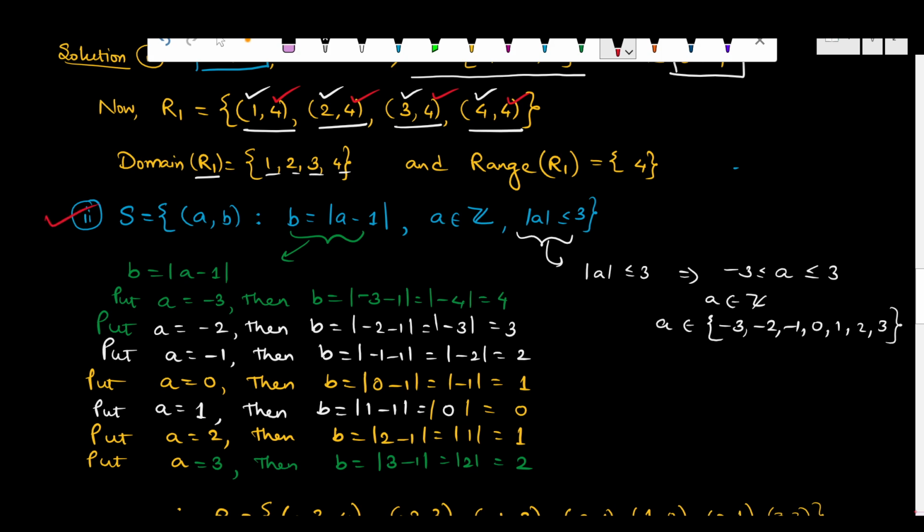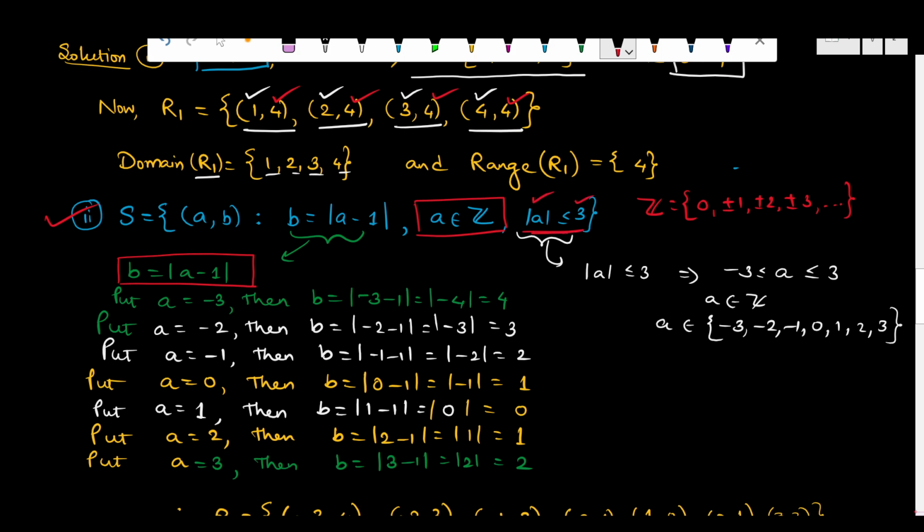So b equals mod a minus 1. This condition it satisfies, and a belongs to the set of integers. Integers are of the form 0, plus minus 1, plus minus 2, plus minus 3 and so on, and mod a is less than or equal to 3.